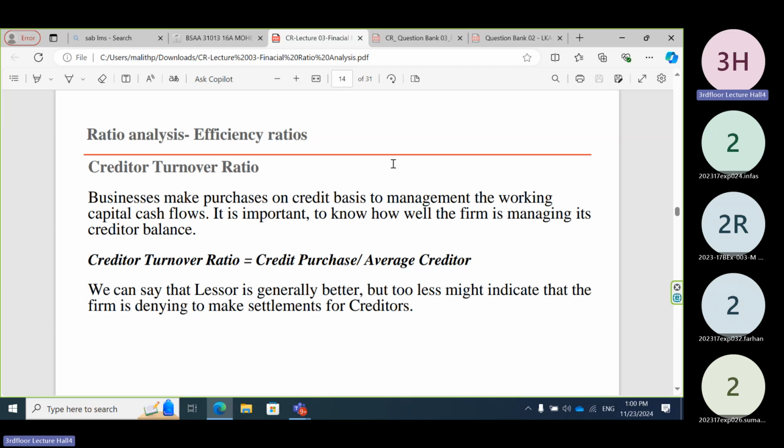Why? If they get delayed in supplying, definitely this operating cycle will be delayed, right? If you are delayed in paying, they are not providing the items on time. They are also making some delays.